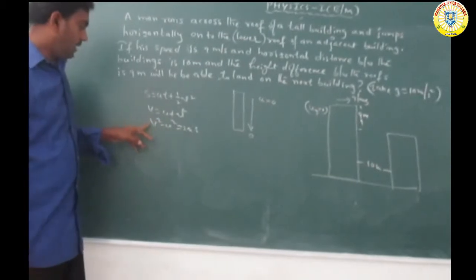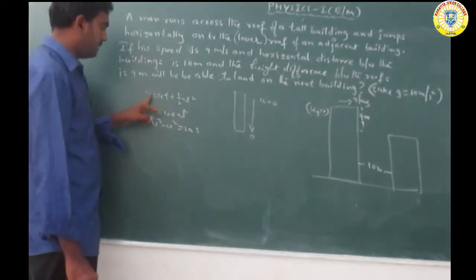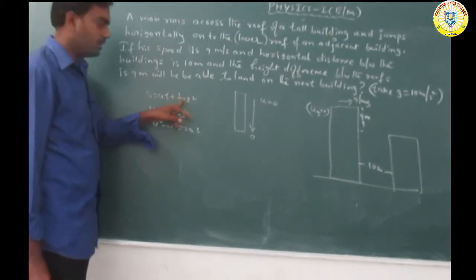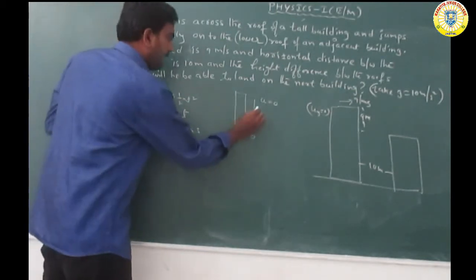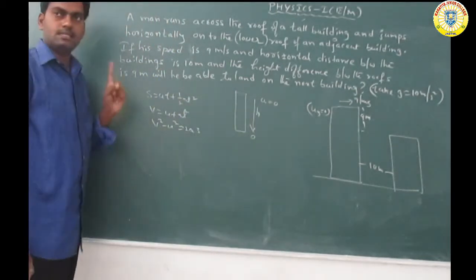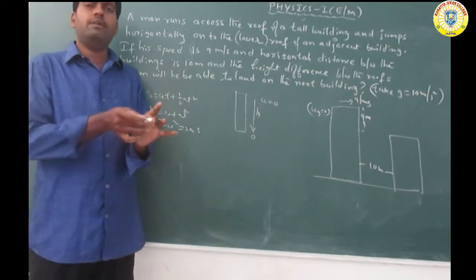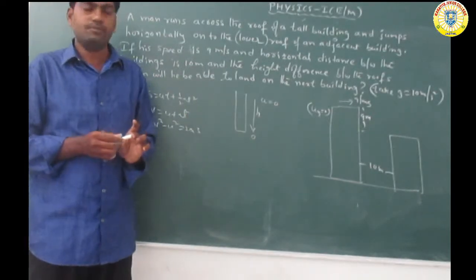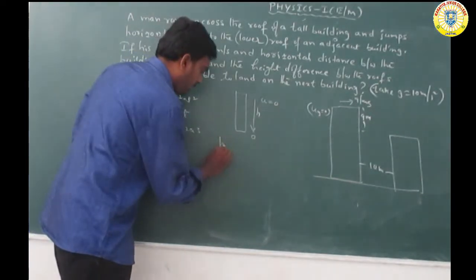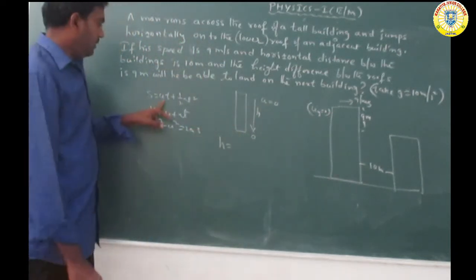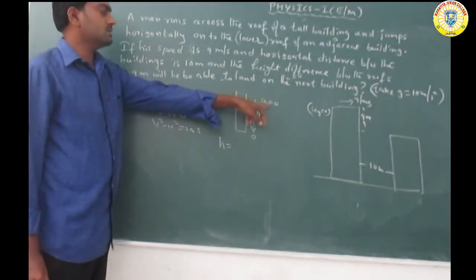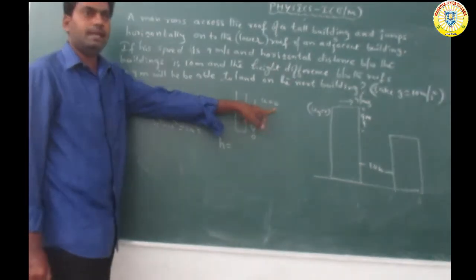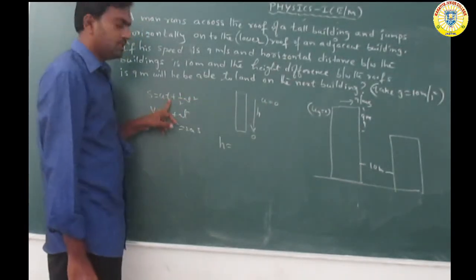Now applying these equations, for example s is equal to ut plus half a t square. Here s is the displacement, but for a free falling body it is the height h. So s is equal to h, and u is the initial velocity, which is 0, and 0 into anything is also 0.